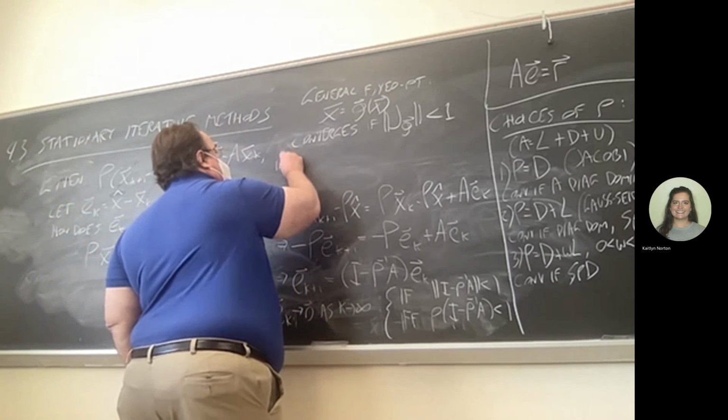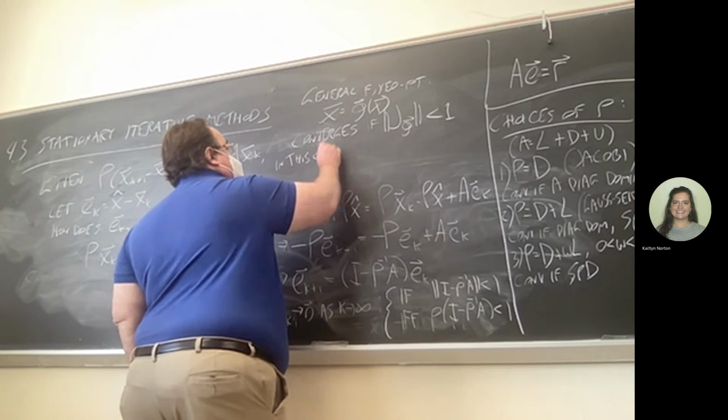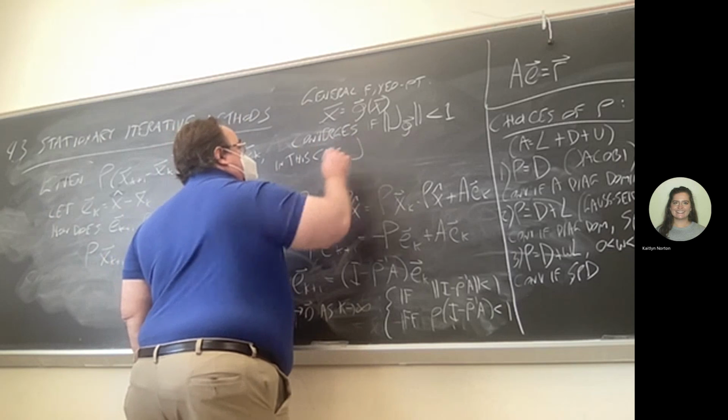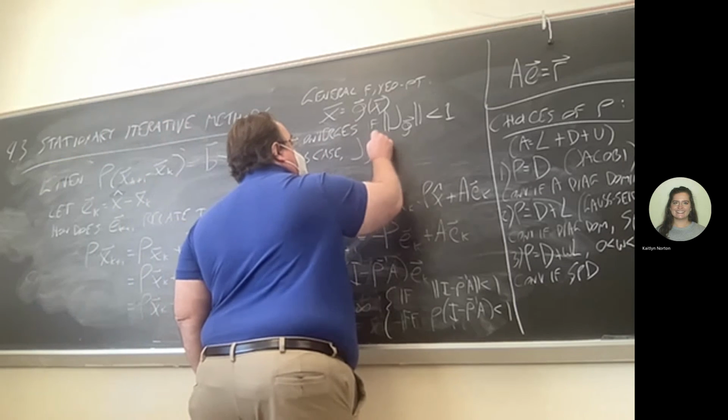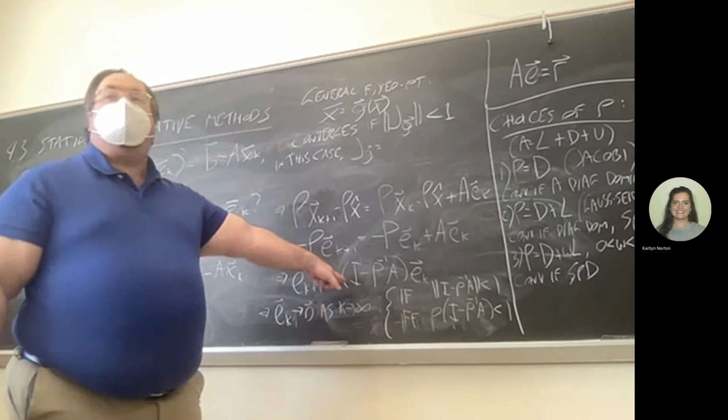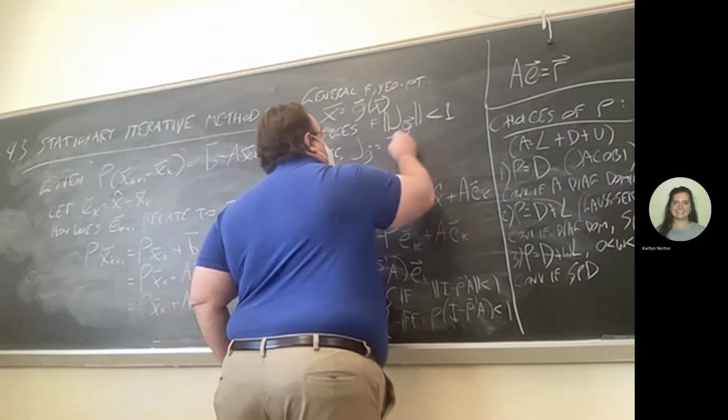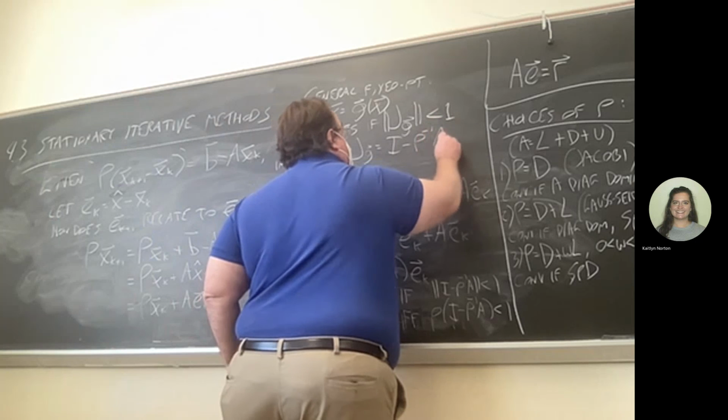So in this case, the Jacobian, which is basically the first partial derivatives of G, is exactly this matrix here: identity minus P inverse A.